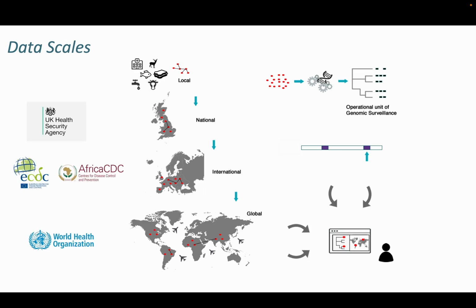In the UK we have the UK Health Security Agency, our national public health institution, upwards to organisations that are on a continental level like in Europe ECDC, or in Africa the Africa CDC, and then ultimately globally, can we bring information together rapidly to deliver situational awareness at all of these scales?